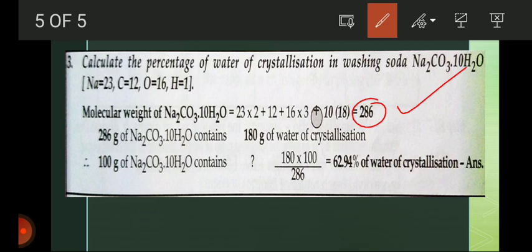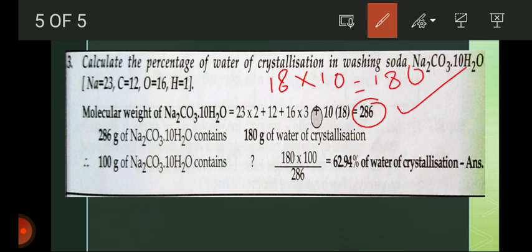So the molecular weight of washing soda will be 286 gram. Now, simple, you have to find out the percentage of water of crystallization. So, 18 into 10 gives you 180, right?